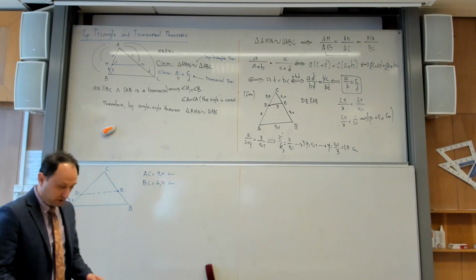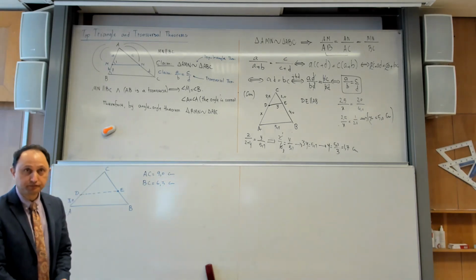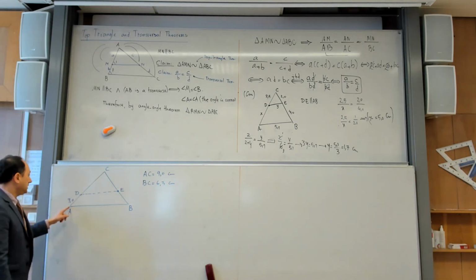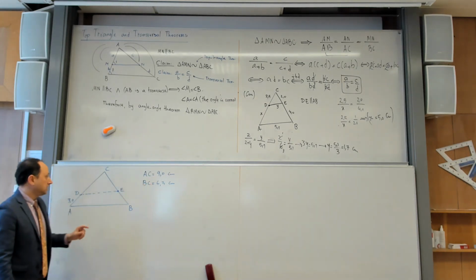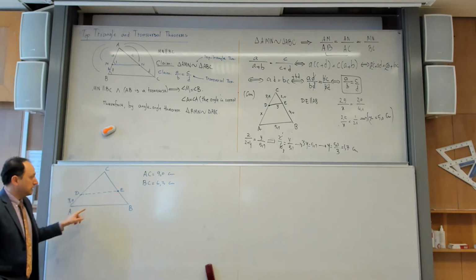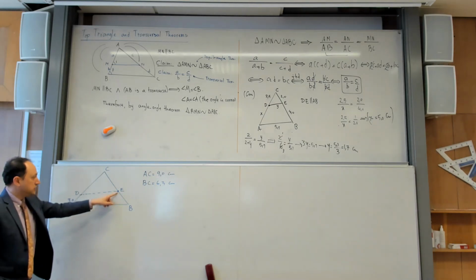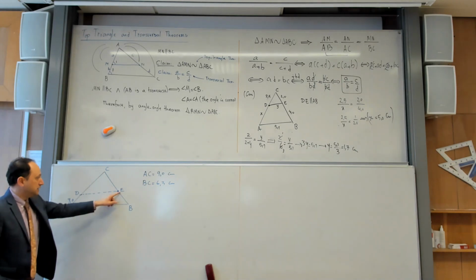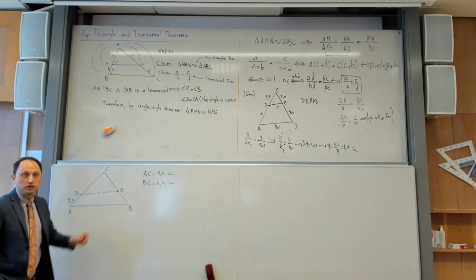BC is also given, yes. That's enough. So AC is 9, you go 3 units up, find point D, draw a parallel line to AB, and it intersects the other side at E. You want to calculate the distance from E to B.